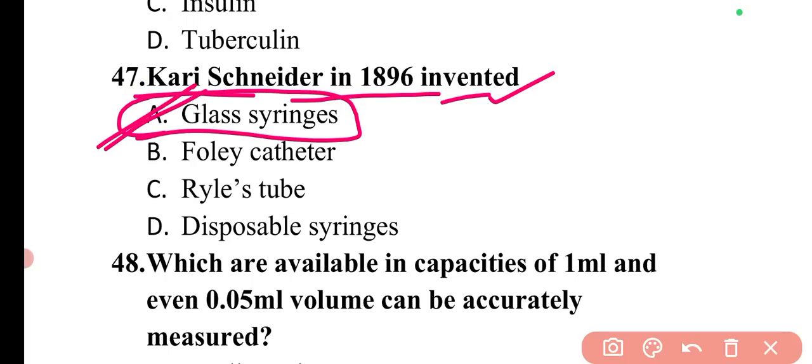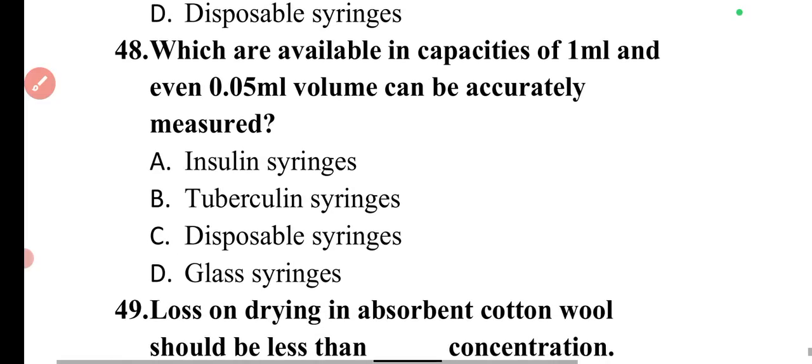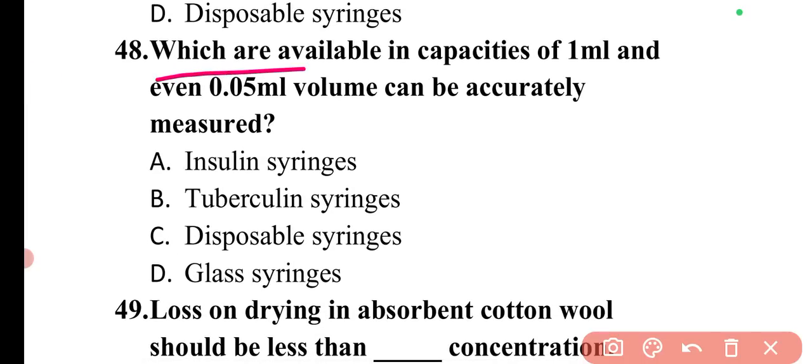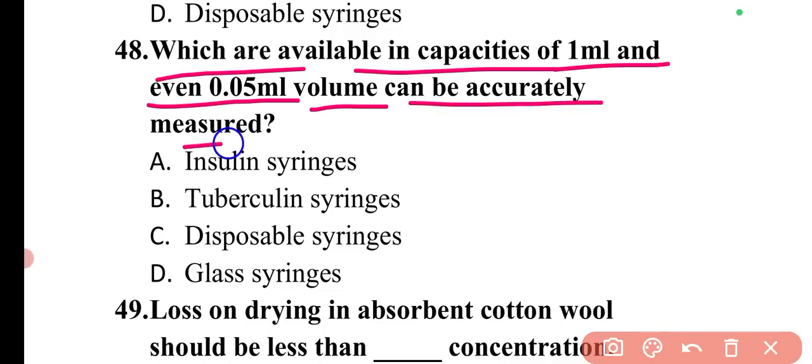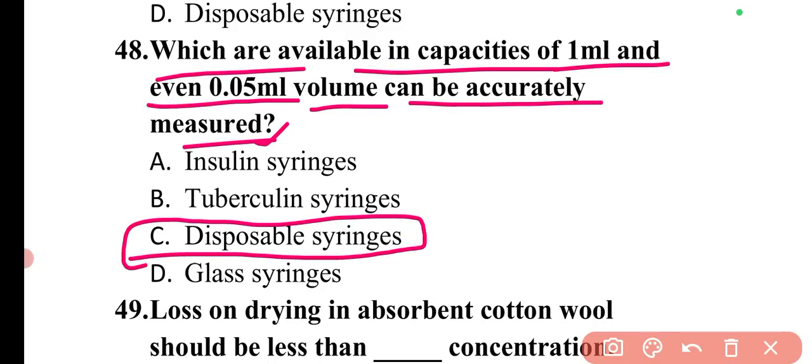So here option A is correct. Next question is, which are available in capacities of 1 ml and even 0.05 ml volume can be accurately measured. So these are the disposable syringes. These disposable syringes are made in very low capacities like 1 ml and even 0.05 ml volume. So here option C is correct.